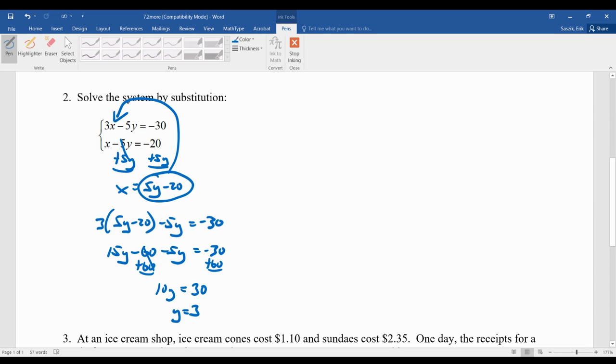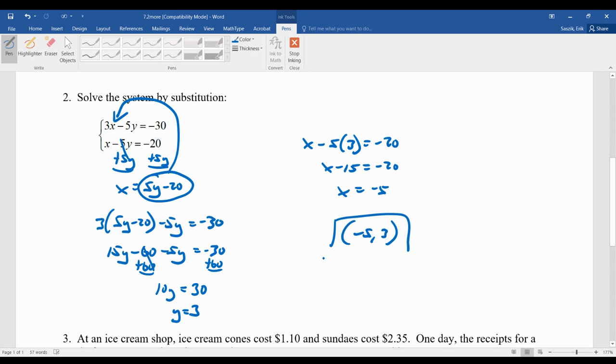And you can pick one of these equations to go into. Here, I'll go into the second one. x minus 5, but remember, y is now 3. So x minus 15. If I add 15 to both sides, I'm going to get negative 5. So there's my answer: negative 5, comma, 3.